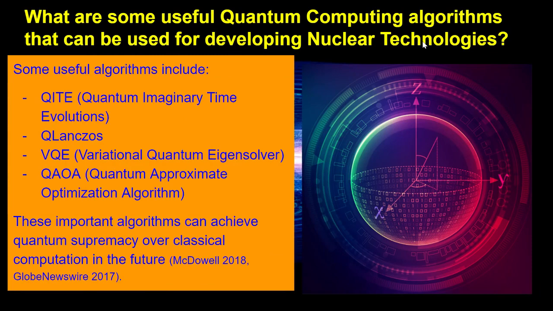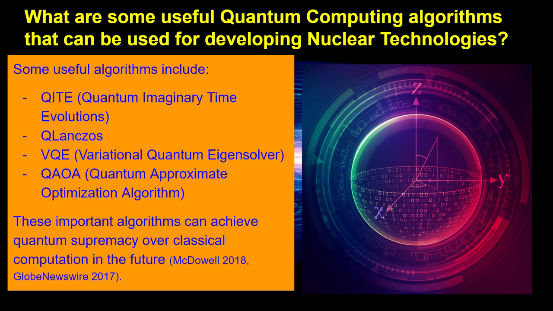Some of them include QITE, which is quantum imaginary time evolution, Quantum Lanczos, VQE, also known as variational quantum eigensolver, and QAOA, the quantum approximate optimization algorithm. These important algorithms can achieve quantum supremacy over classical computation in the future.